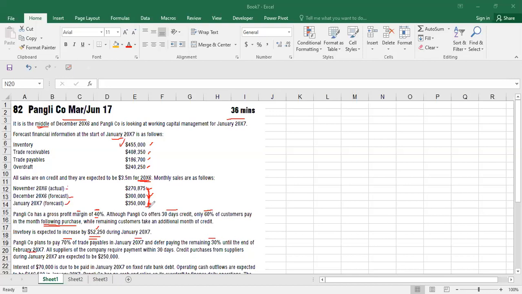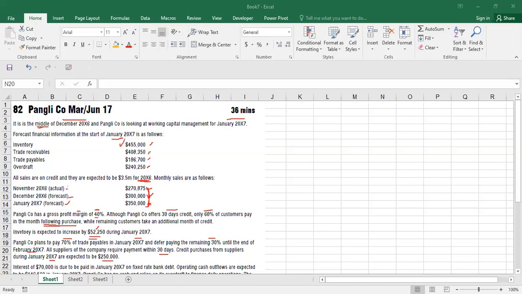So only 70% you want to pay, 30% you will pay in February. All suppliers of the company require payment within 30 days. Credit purchases from suppliers during January 2007 are expected to be 250,000.